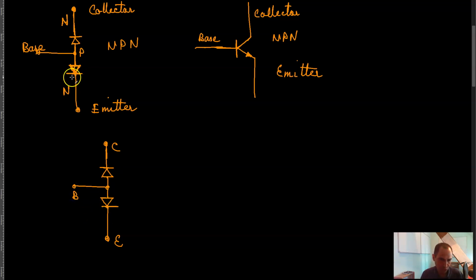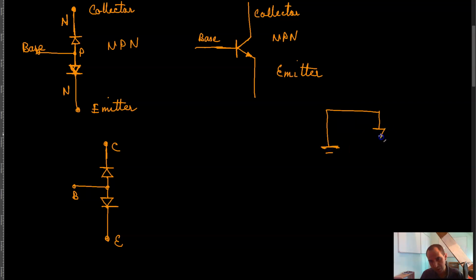Now you already know that you have to have base current in order to have collector current, right? And if I were to forward bias a diode, I would take that diode, and you have this power supply.